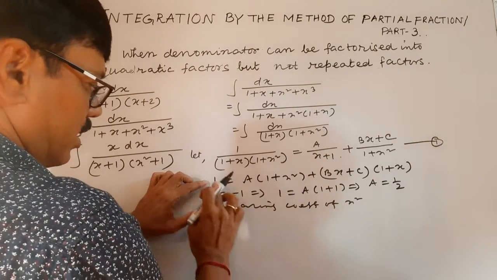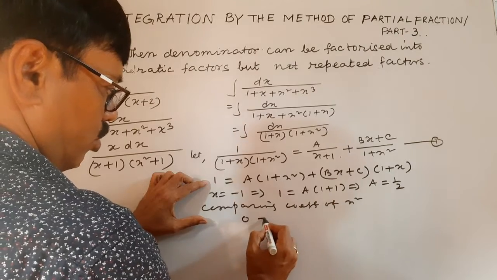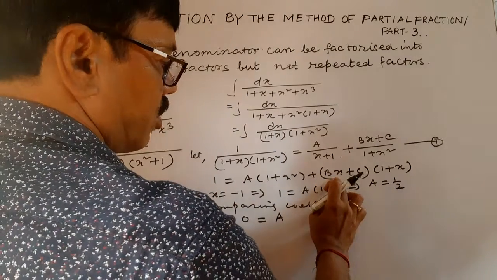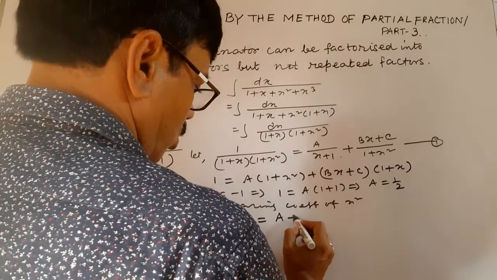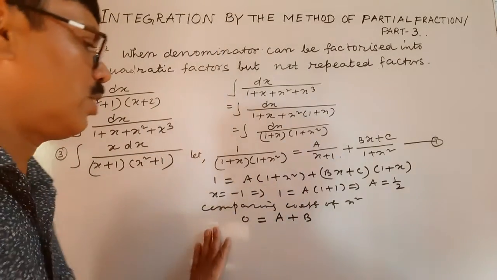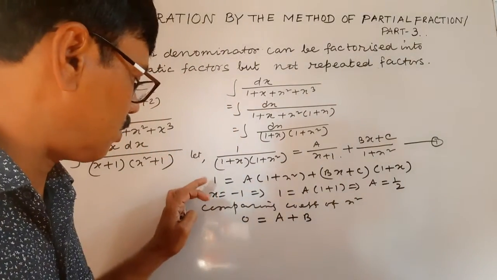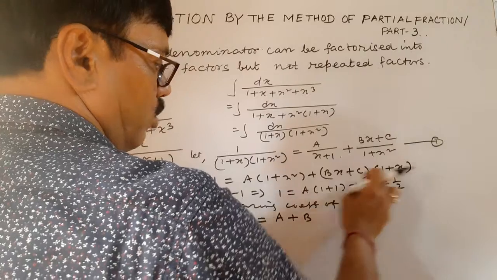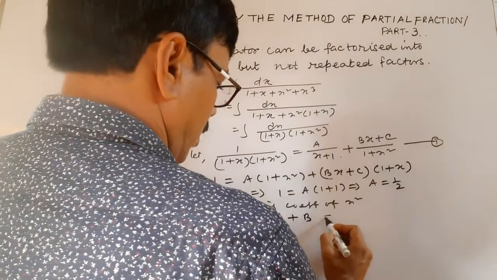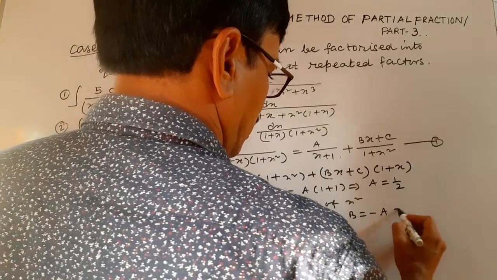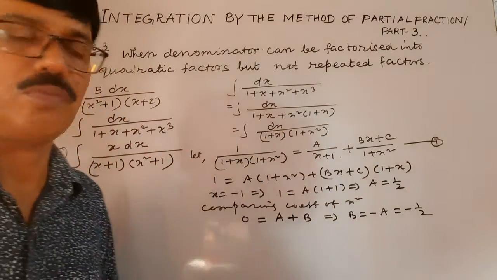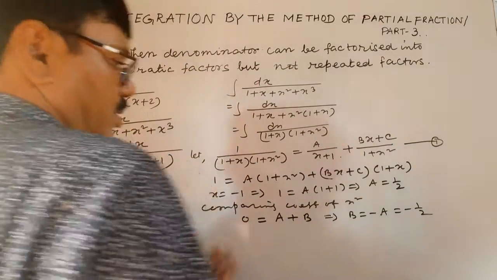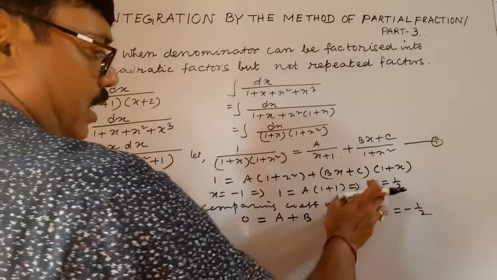Look, there is no x square on the left hand side, so it is 0. On the right, the coefficient is A, and Bx into x gives Bx square, so A plus B. The left hand side is free from x square, so this is 0, and this is A into 1, Bx into x, so the coefficient is B. So this implies B equals minus A equals minus half. We have the advantage because we have already found A, so we get B.